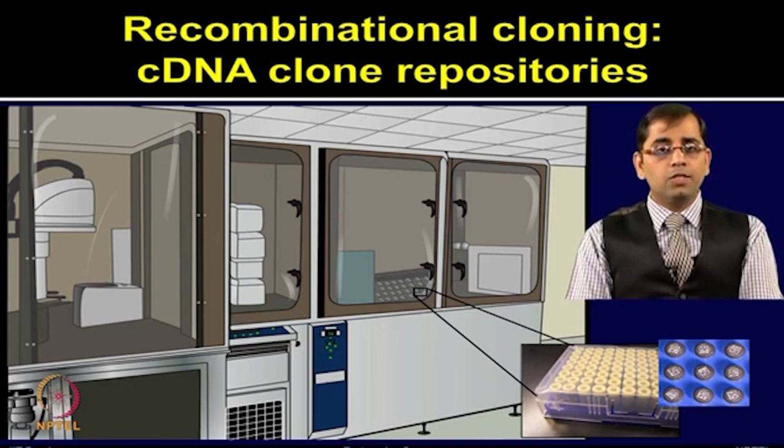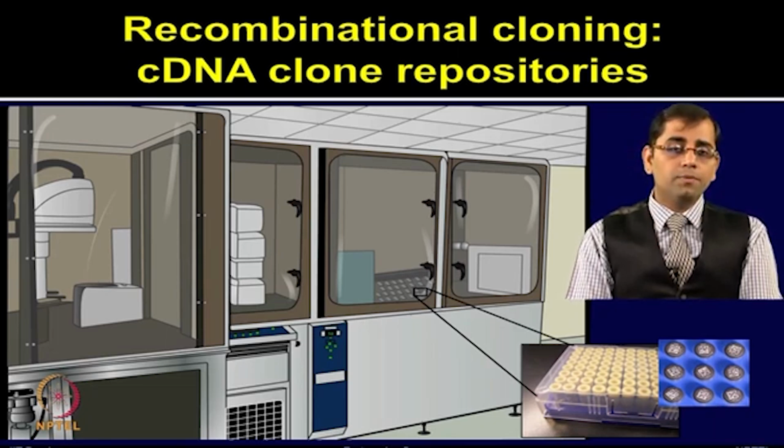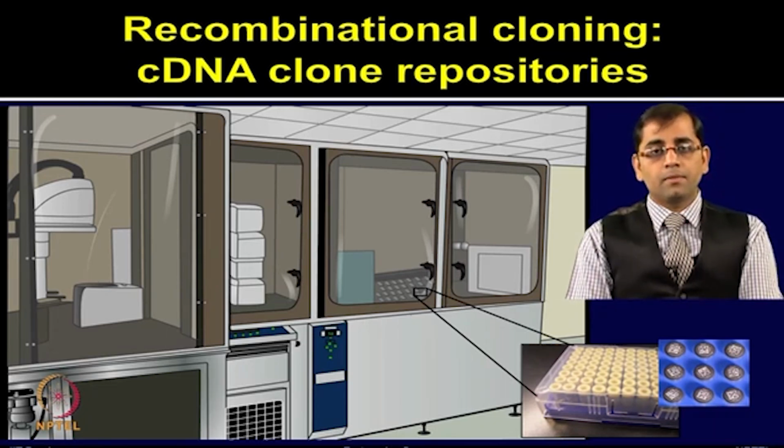Therefore, these storage systems are highly automated, where temperatures are strictly maintained at minus 80 degrees. These genes, which are generated from recombinational cloning, can then be located and cloned into any vector. These genes are available in flexible formats. They are expression ready, sequence verified and off-loadable.